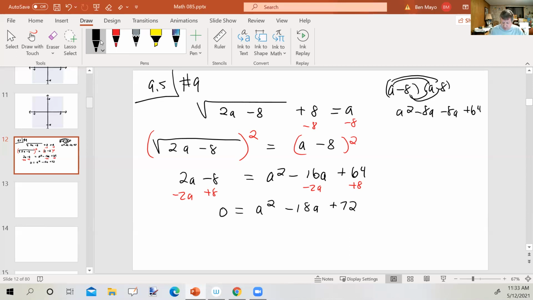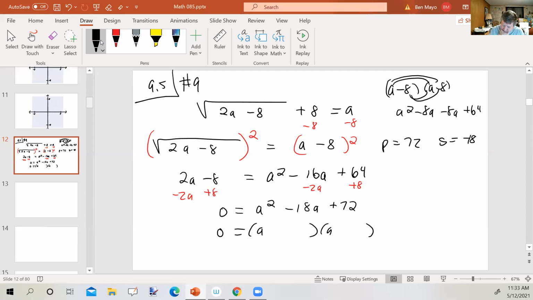So now I'm going to factor that. I've got an a and an a. Let's see, the product is 72 and the sum is negative 18. Well, they've got to both be negative.